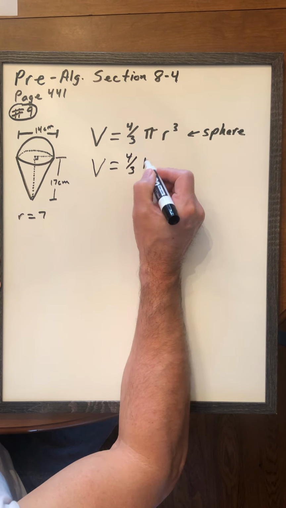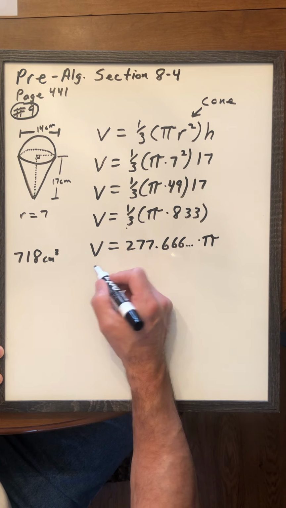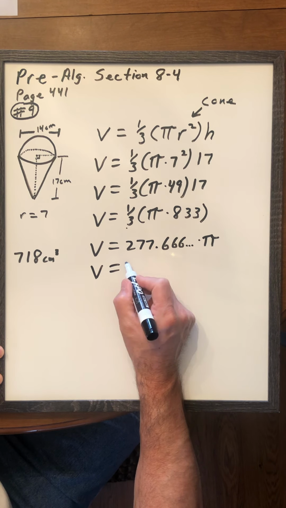And now I need to take 1/3 of the 833, and so that's going to give me 277.666, and it's going to keep going on. And then we still have our pi symbol in there. So this is all multiplication, so I'm taking 1/3 times the 833, and that's giving me the 277.666 repeating.